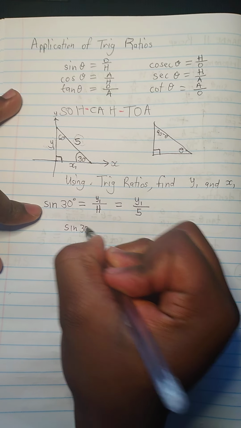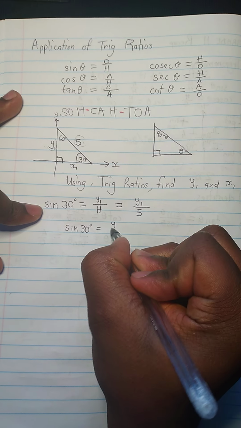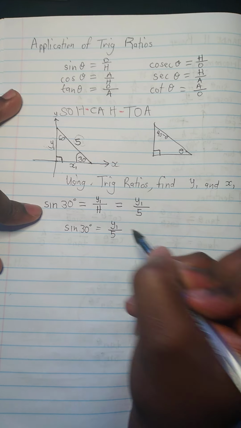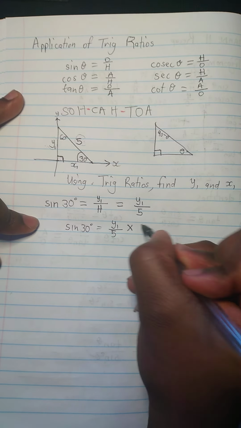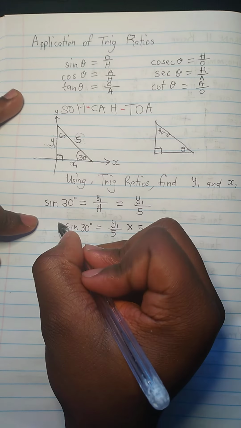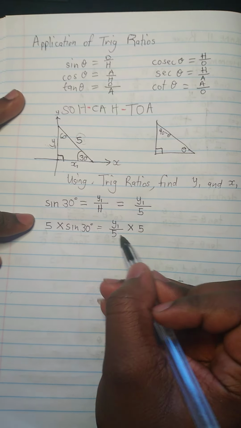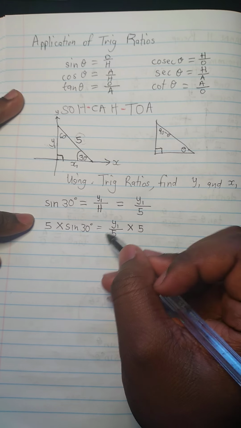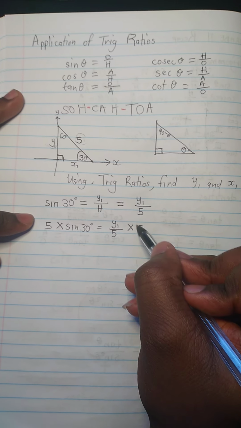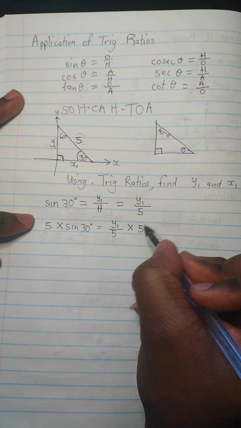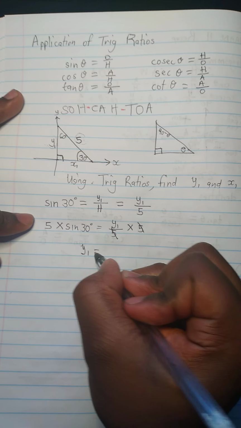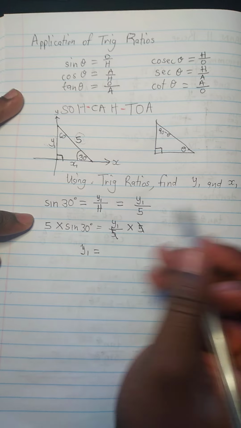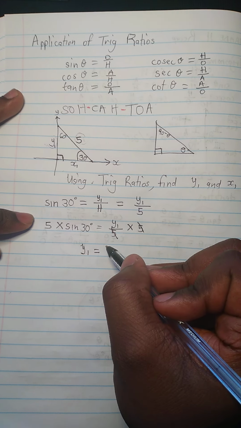Sine 30 degrees is equal to y1 over 5. Using our algebra, we multiply both sides by 5, since this is dividing, in order for us to be remaining with y1 only here. So y1 is equal to 5 times sine 30 degrees.